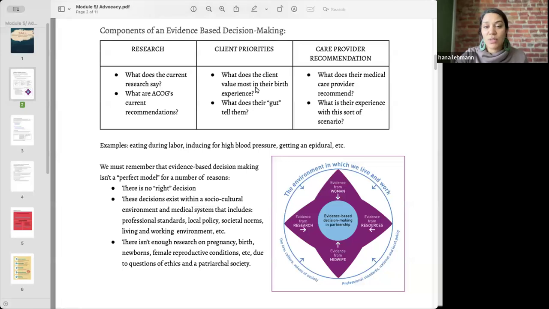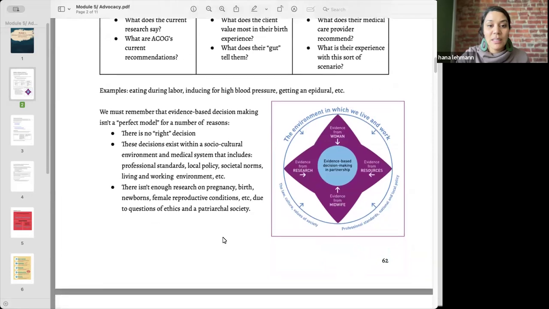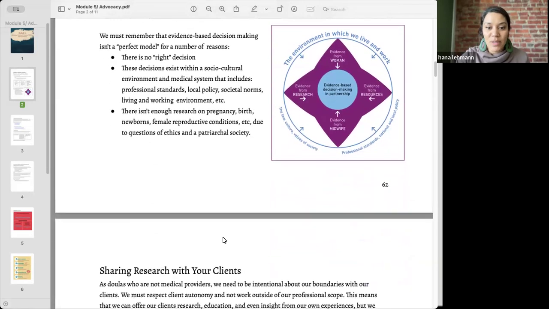So we use the research that we have, and we hope that some of you will go into researching female reproductive conditions more so that we have the research that we need, and it's up to date so we don't have to make decisions based on old or poor research, right?